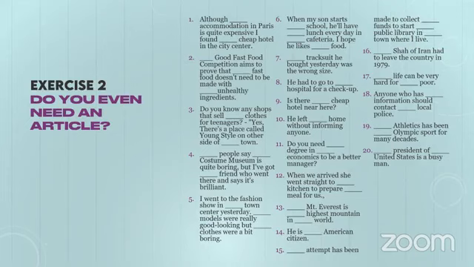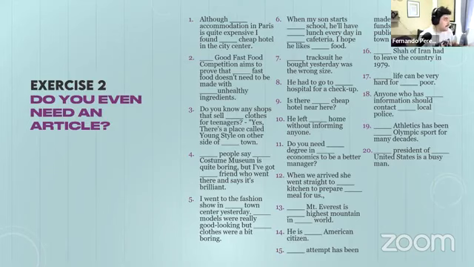Alex, you get number 2. You get number 3. Christian, you get number 4. Number 5 is for Vero.